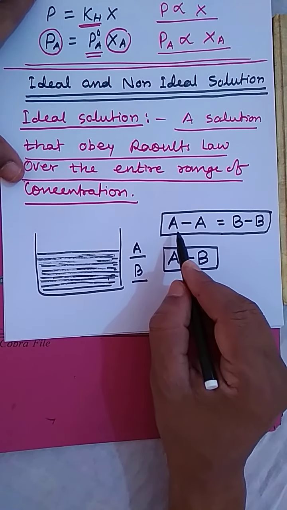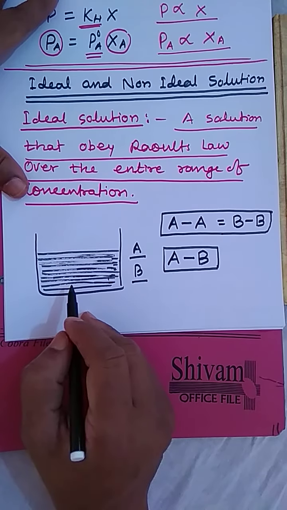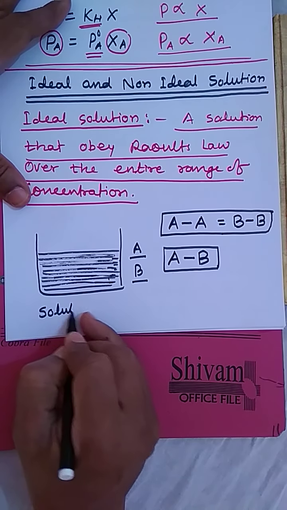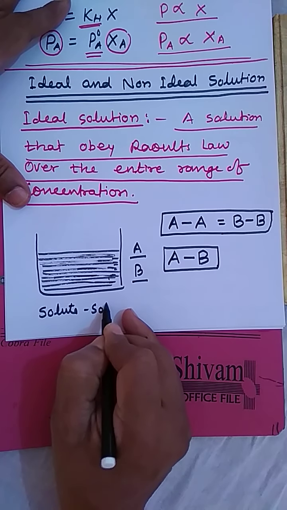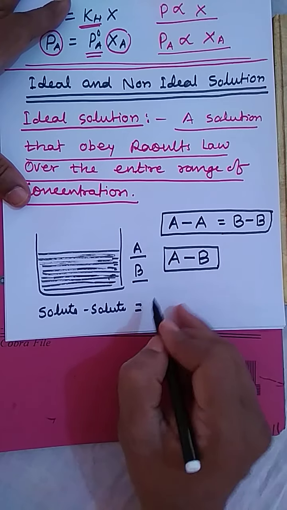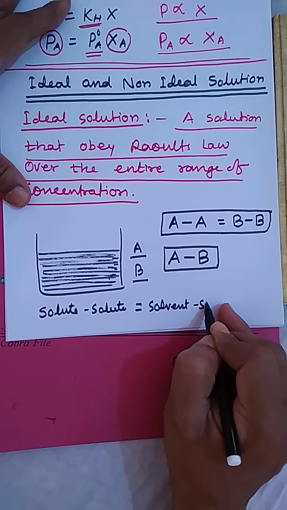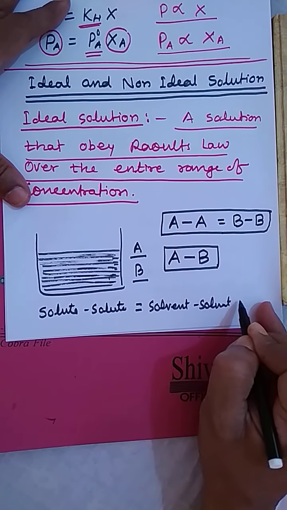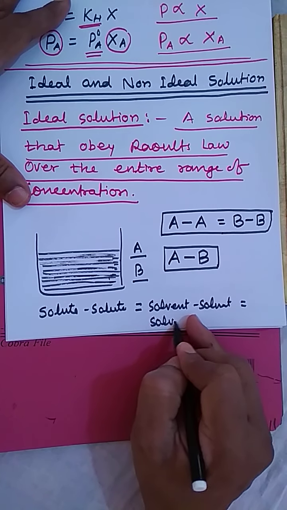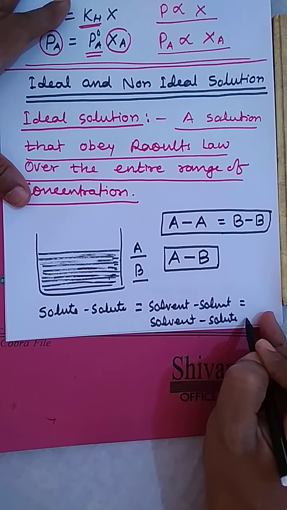Or in terms of solute and solvent, you can say a solution is ideal when solute-solute interaction is nearly equal to solvent-solvent interaction is equal to solvent-solute interaction.